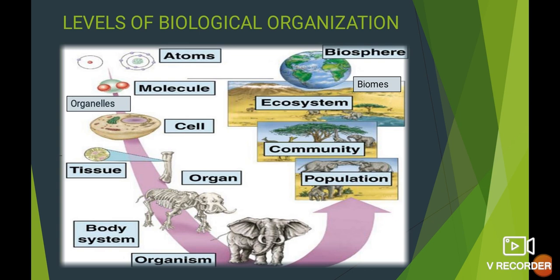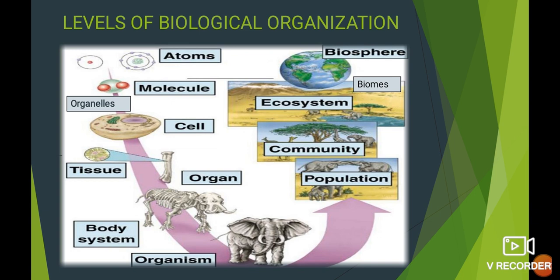Now, if we put together the whole or totality of all the ecosystems and biomes, we get the largest scale of biological organization, the biosphere. The biosphere is the totality of all the ecosystems of planet Earth, or one of the subsystems of the Earth that comprises living things or life.